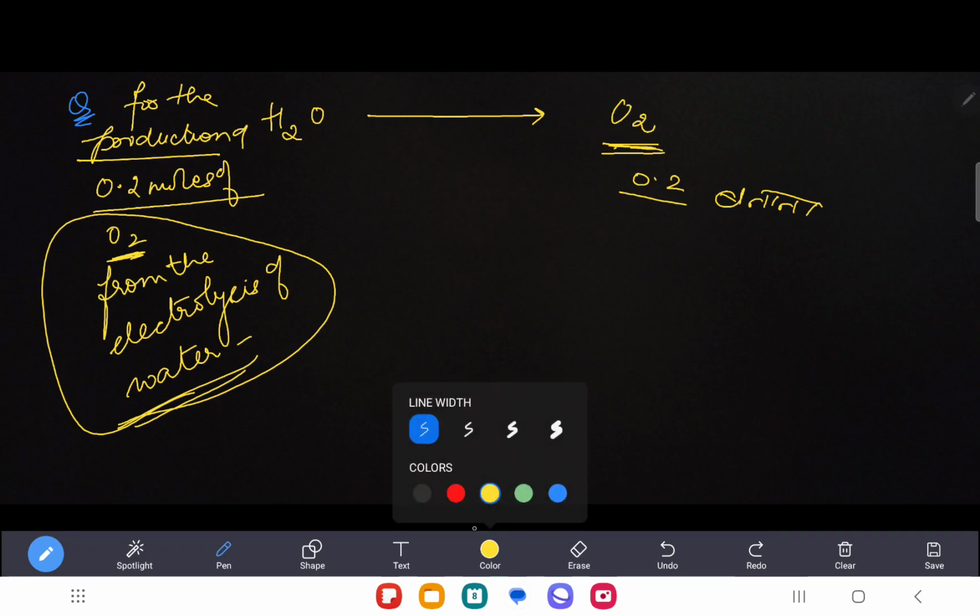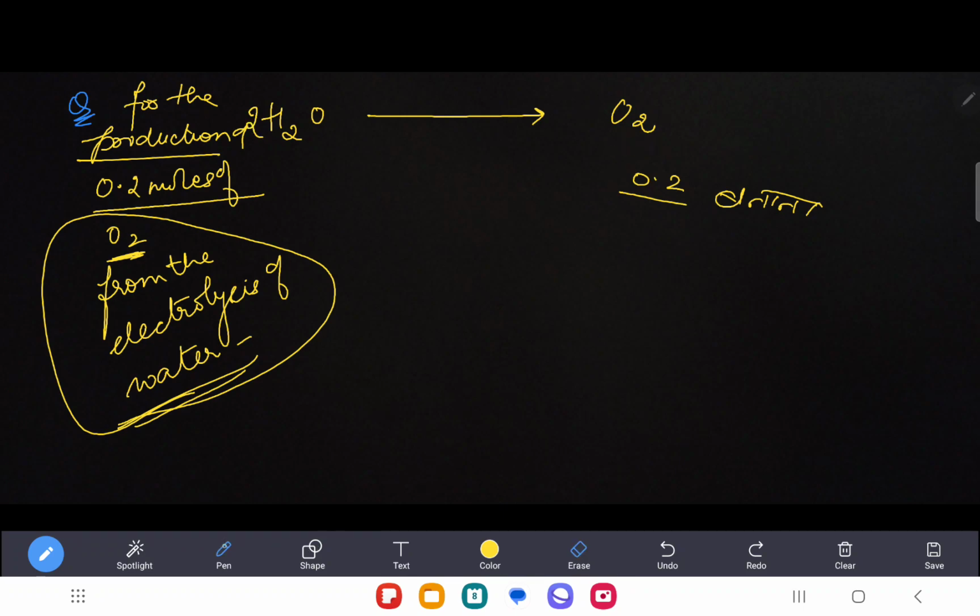Now balance the equation. So what do you need? 2 times ये करेंगे तभी O2 बन रहा है, सही है। तो हम क्या पढ़ते हैं जब वाटर की इलेक्ट्रोलिसिस कराते हैं, तो what do we write down, we write down that it breaks into H plus and OH negative. So 4 OH negative gives me 4 OH neutral and 4 electrons.